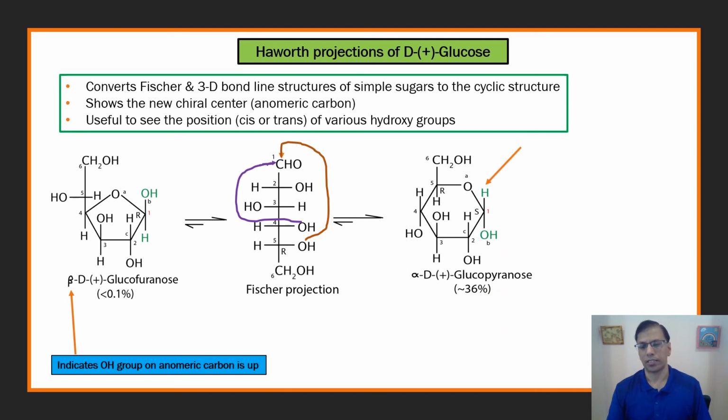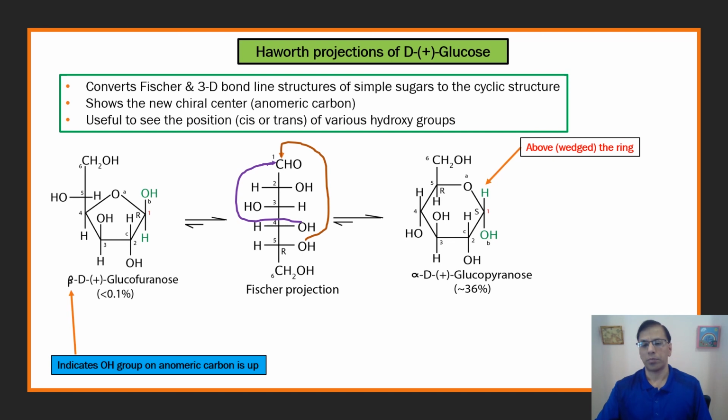Of course, the OH group can be on the top or bottom, and if it's on the bottom, it's called alpha. If it's on the top, it's called beta glucopyranose. And you have 36% of the alpha, and the rest is the beta form.